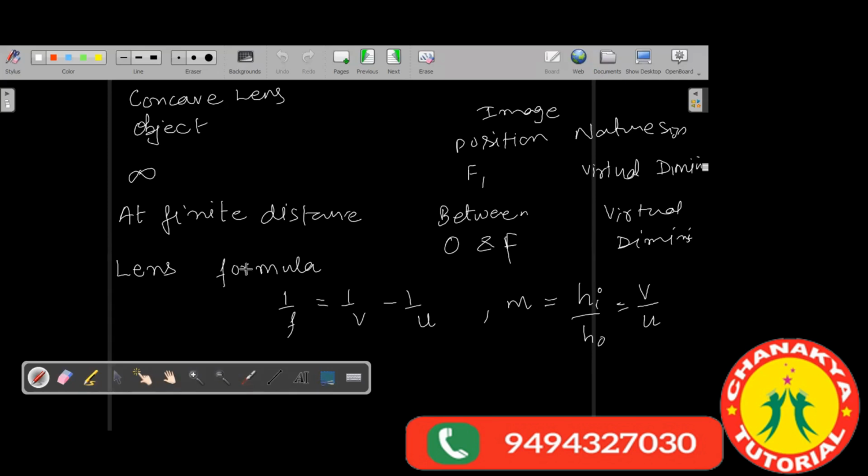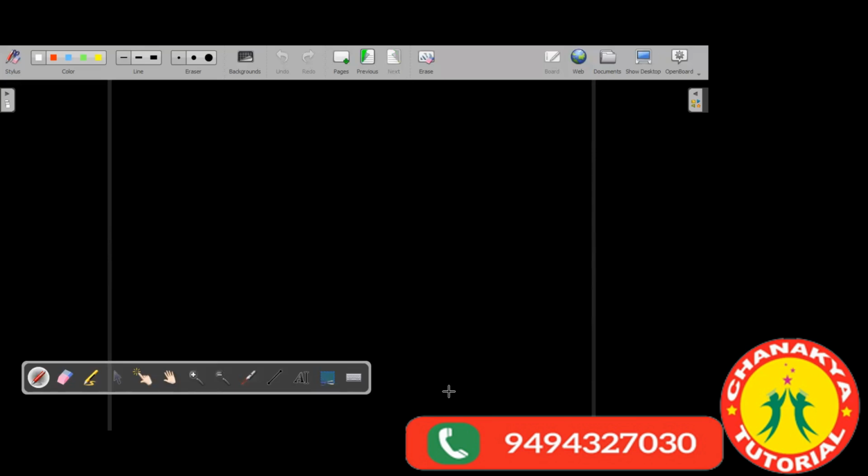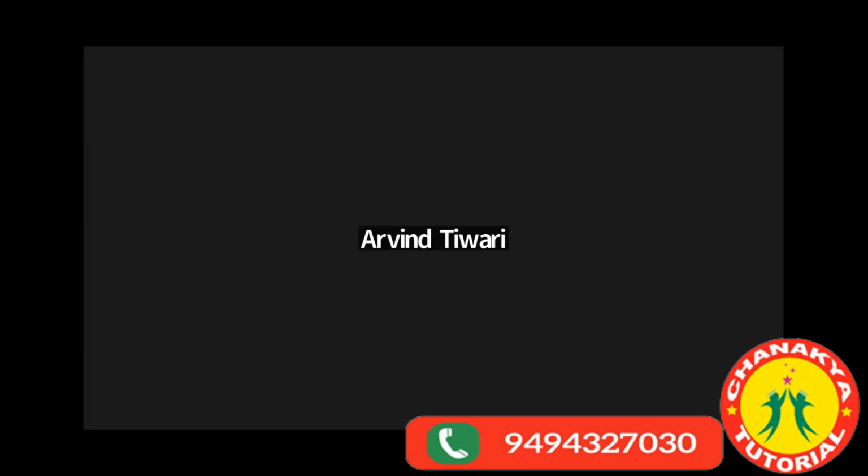The question says, an object of height 2 centimeter is placed at a distance of 8 centimeter from a convex lens. So let's see here. Just 1 minute. Let me check. Okay, I think I need to write it down.